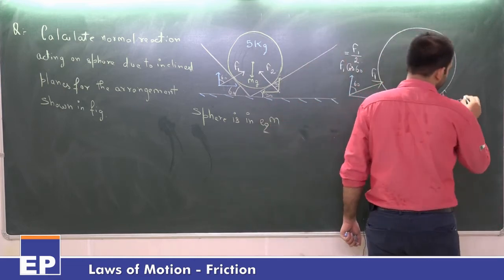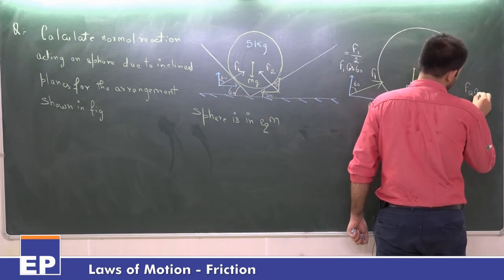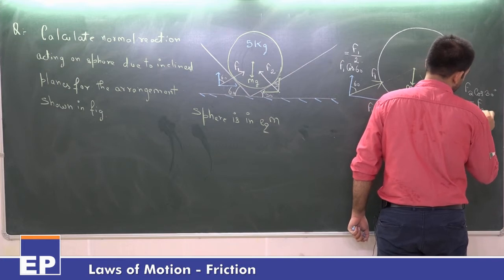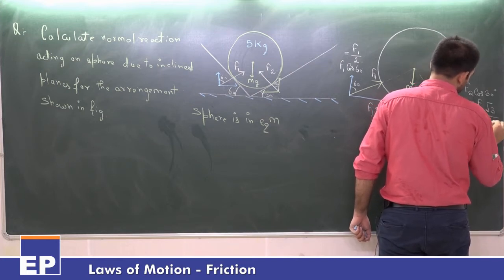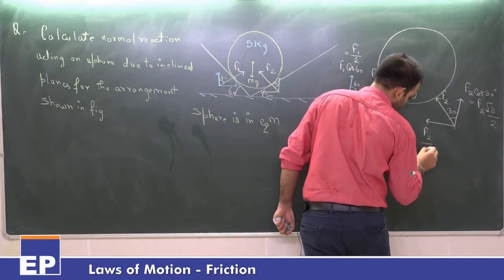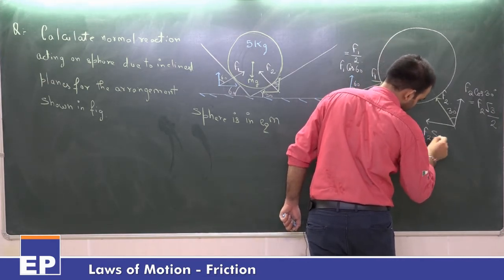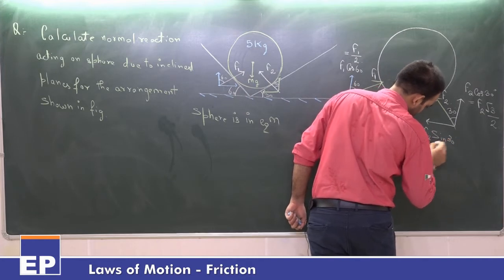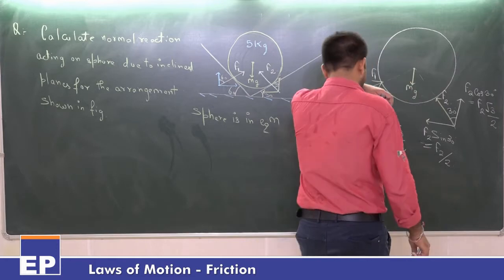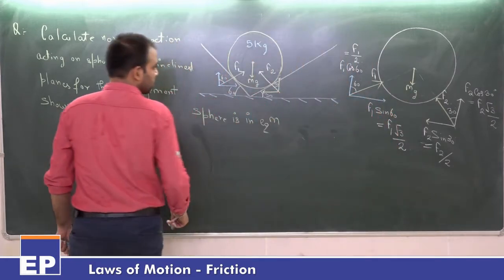Similarly, this is F2 cos 30, F2 into root 3 by 2. And this is F2 sin 30, F2 by 2. Right? So these are the forces acting on it.